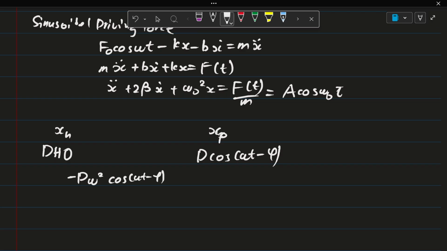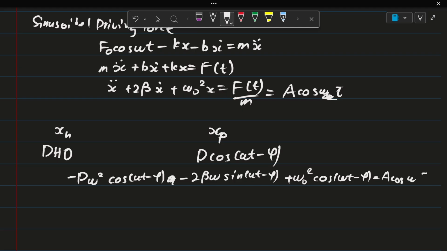So we just plug it in, plus minus 2 beta D omega sine of omega t minus phi, and another one, plus omega 0 squared D cosine of omega t minus phi equaling A cosine omega t.